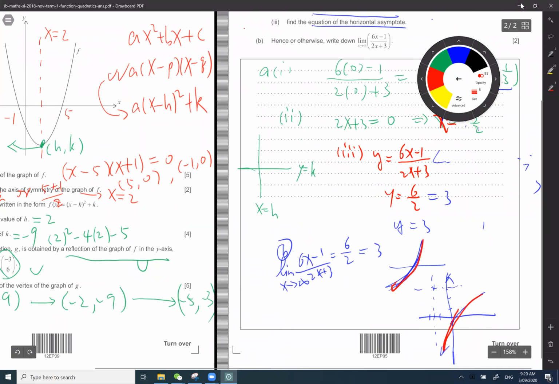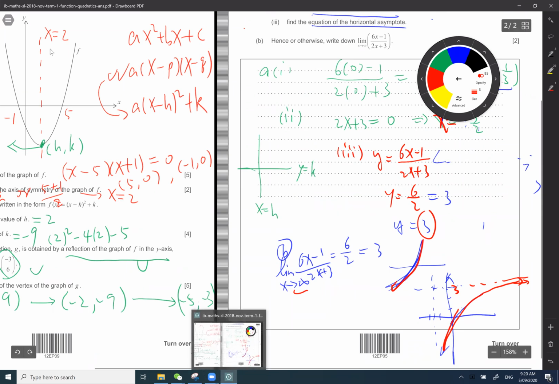If x is getting larger and larger, how about the y value? You find it's approaching 3. That's the idea about limit. It's about approaching something. This is also in Cambridge.